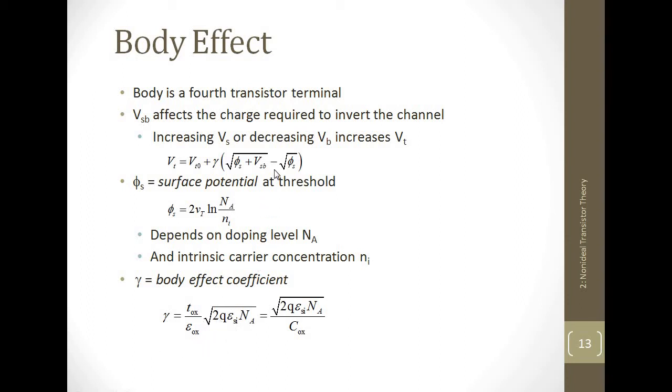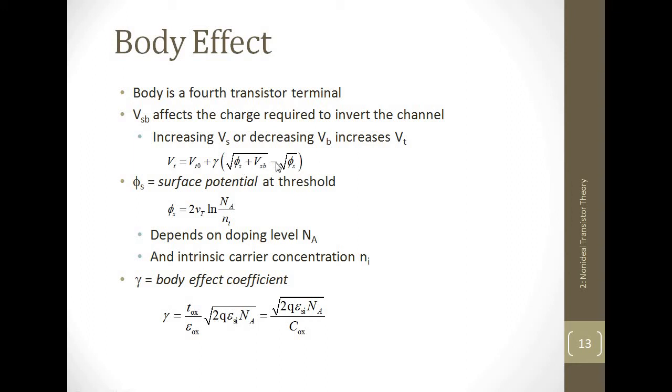But looking into the parameters of the threshold voltage, it is not only gamma; the initial threshold voltage plus the surface potential at threshold may change.